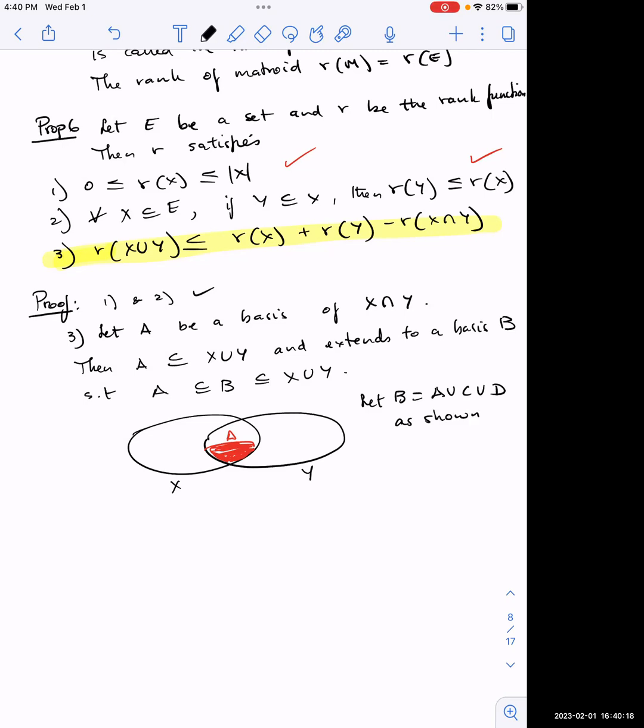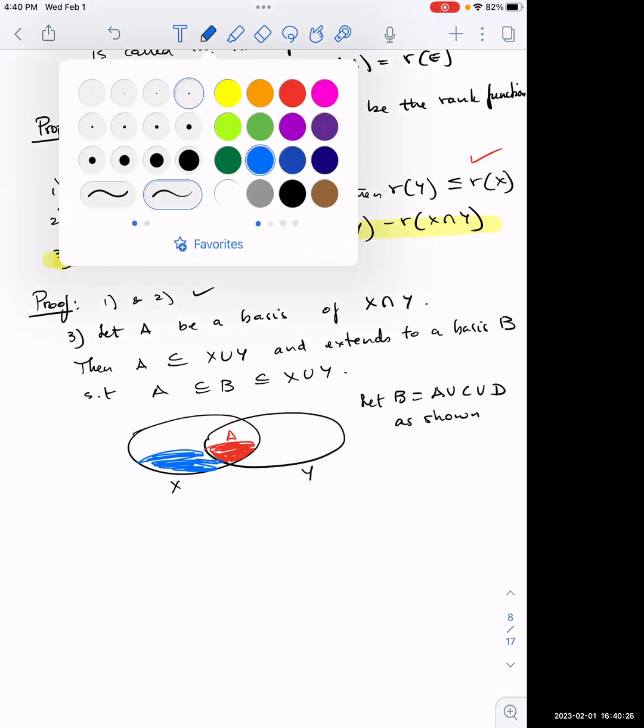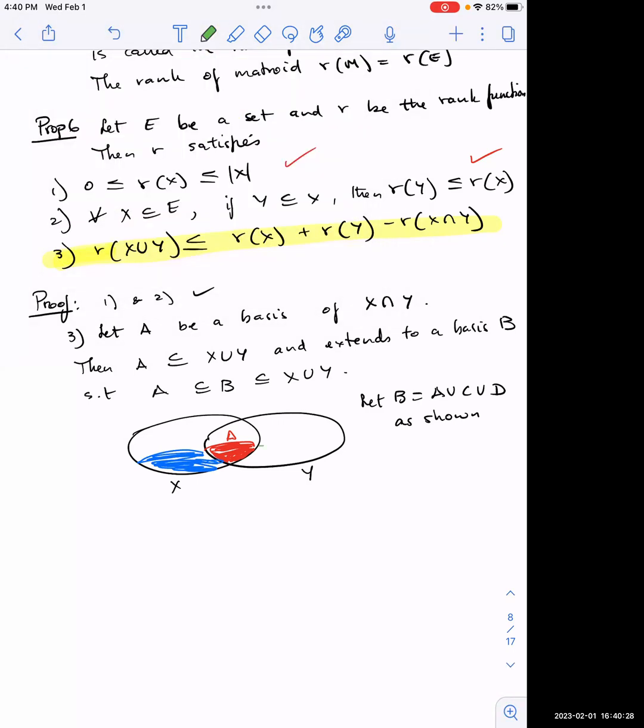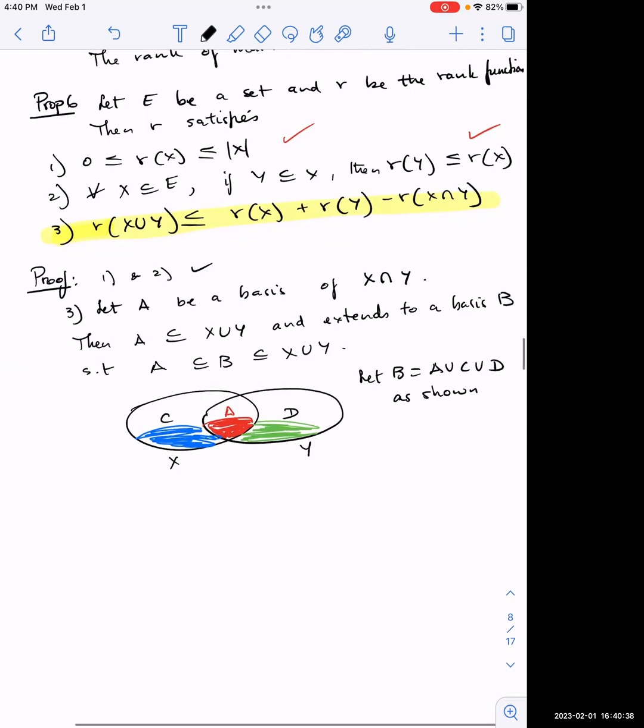And this would be, so it's going to be some part here and then some part here. This is C and this is D. Now, rank, and also A, C, D are all independent.